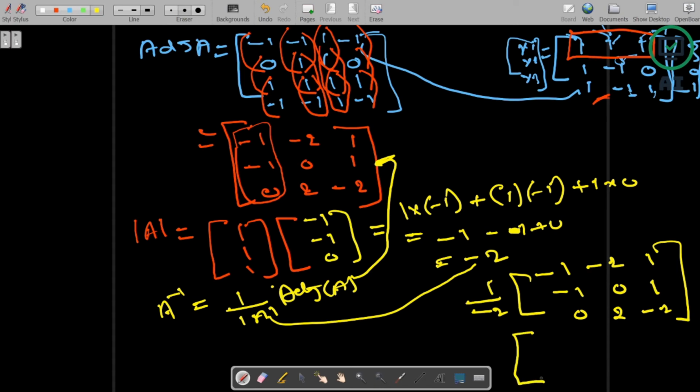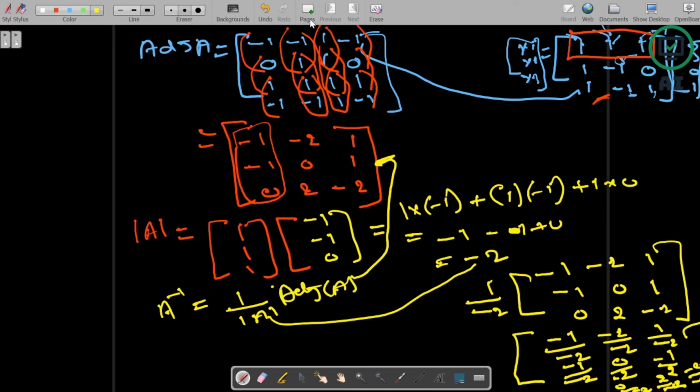So what would the resulting matrix be? Minus 1 divided by minus 2, minus 2 divided by minus 2, 1 divided by minus 2, then minus 1 divided by minus 2, 0 divided by minus 2, and 1 divided by minus 2. So here I am writing minus 2, and then again 0 by minus 2, 2 by minus 2, and minus 2 by minus 2.